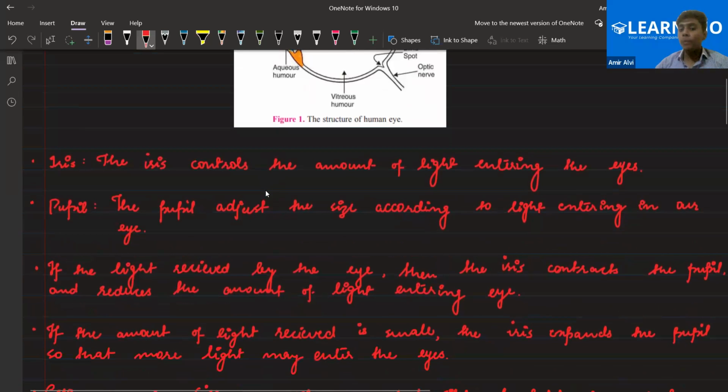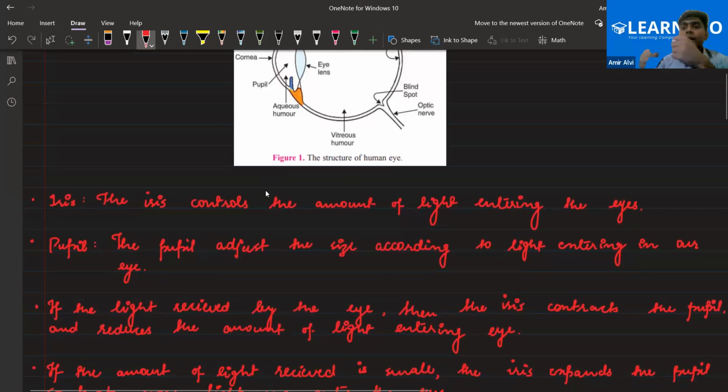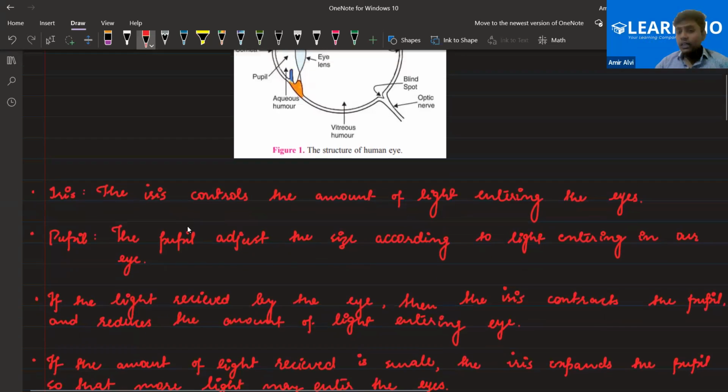Next is the pupil. Pupil and iris are dependent on each other. The pupil adjusts its size according to the light entering our eye, and the adjustment is done by the iris, so the pupil is controlled by the iris itself. The pupil will expand and shrink depending on the situation.